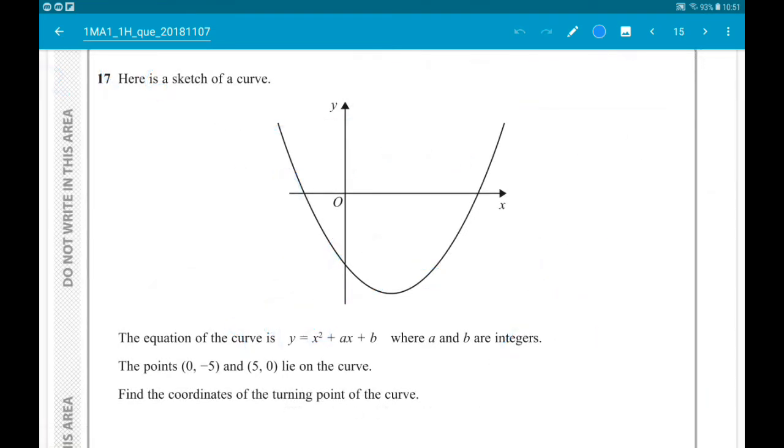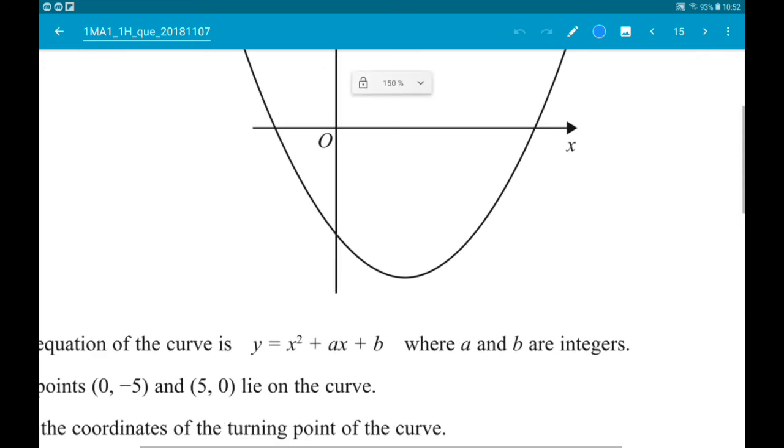Okay, number 17, so we have a sketch of a curve. The equation of the curve is y equals x squared add ax add b, where a and b are integers. So it's worth pointing out here, with a quadratic, the number without an x is the y-intercept. We're told the points 0, -5 and 5, 0 lie on the curve.